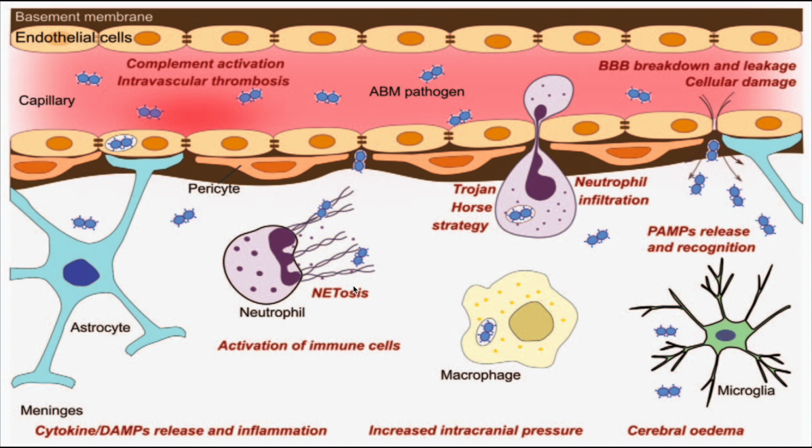So these inflammatory cells release their inflammatory mediators, and this results in inflammatory damage, breakdown of the blood-brain barrier, and increased cerebral pressure and edema. The clinical consequence is that if the inflammation doesn't go down, it can lead to severe cerebral edema and death.